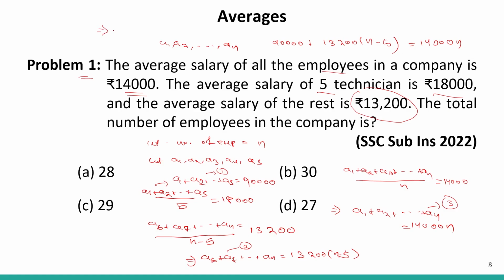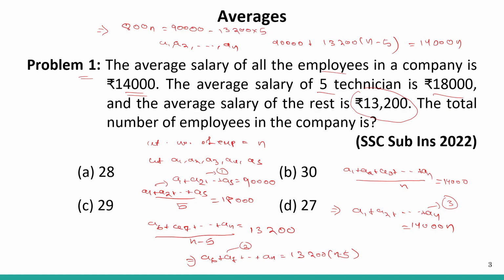Let's take n to the left hand side. So it will be 800 n is equal to 90,000 minus 13,200 into 5.